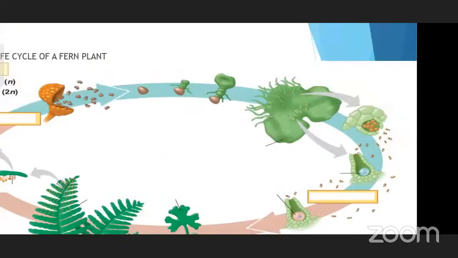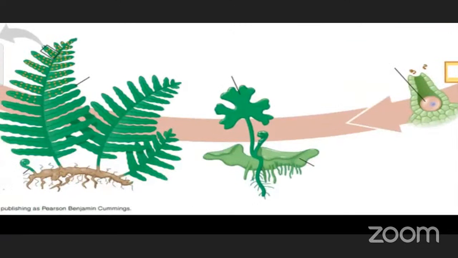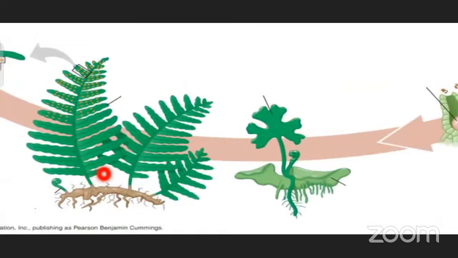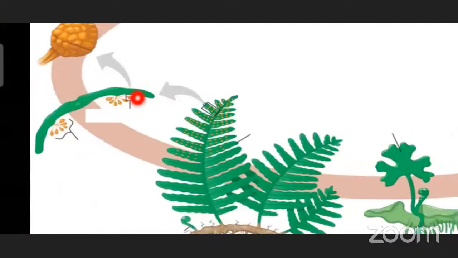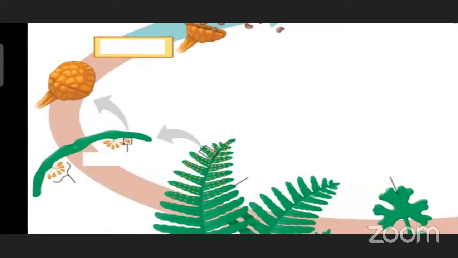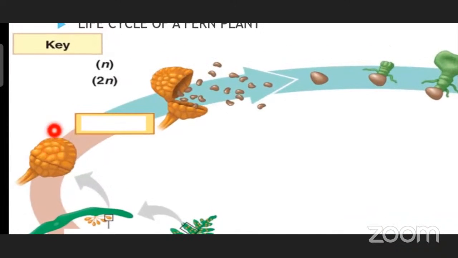Here we can see the dominant stage is the sporophyte. This is the sporophyte dominant stage, and you can see the rhizome and the adventitious roots. And here on the fronds, you can see, as I have just shown, the sporophylls will be having the sporangium. The spore mother cells are going to form here, and when the spore mother cells form the spores, they are haploid.